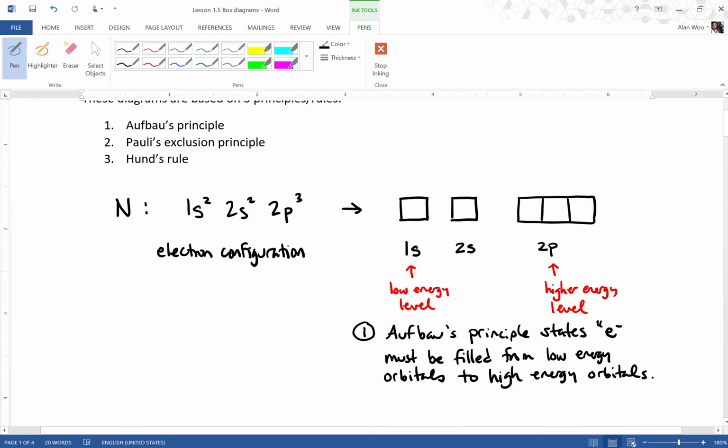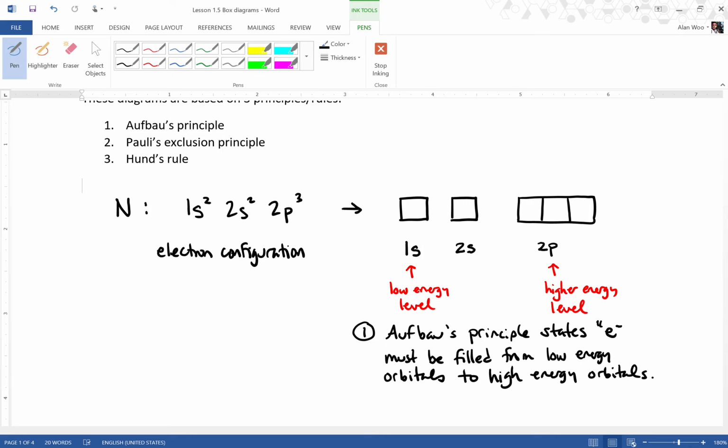Every orbital represents a region of space that is further away from the nucleus. So if we start with 1s as being our lowest energy level, all electrons have to be filled into the 1s level first before moving on to 2s, before moving on to 2p.